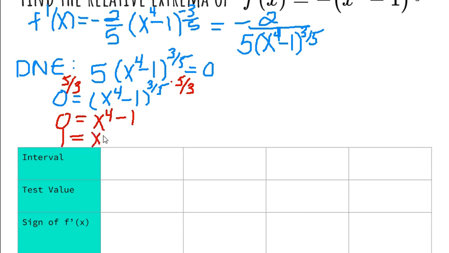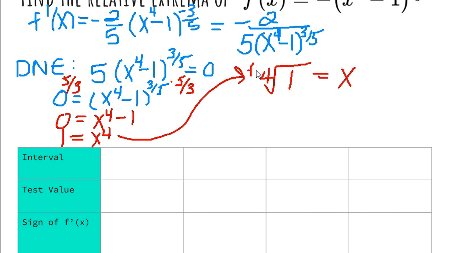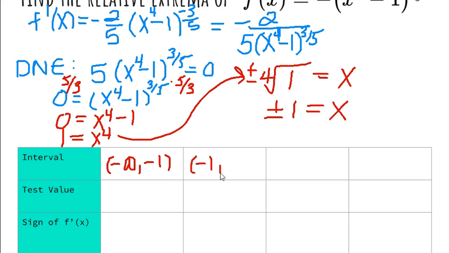So 1 equals x to the 4th. And so you're going to take the 4th root, but anytime you take an even root, remember to do plus or minus. So the 4th root of 1 is just 1. So I have critical numbers at plus or minus 1. So my intervals go from negative infinity to -1, from -1 to +1, and from +1 until infinity.